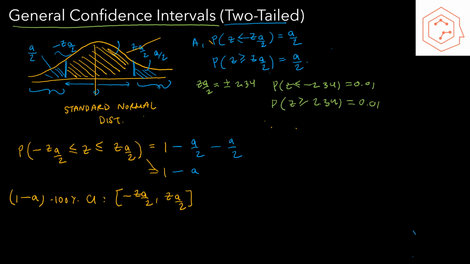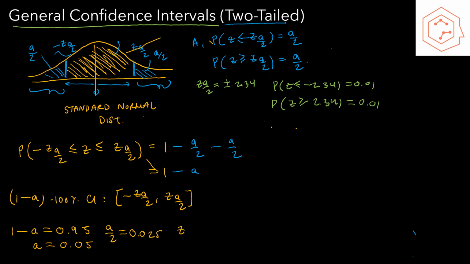And as an example, let's say I wanted to create a 95% confidence interval. So I want this area to be 95%. Then that means 1 minus alpha is equal to 0.95. So alpha is equal to 0.05. Half of alpha, or α/2, is equal to 0.025.